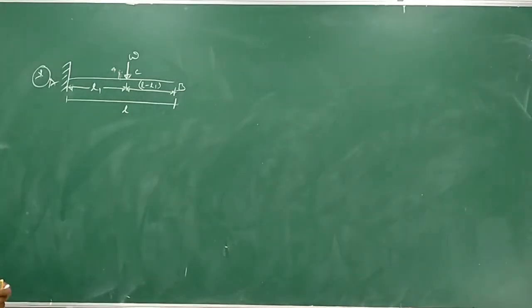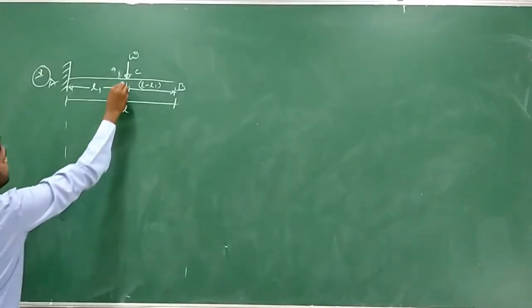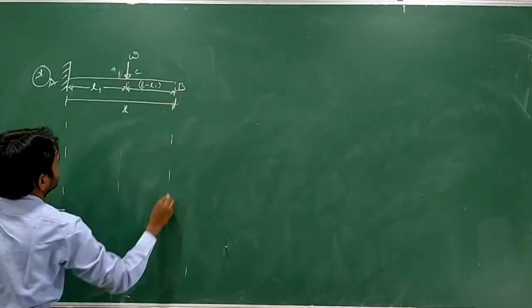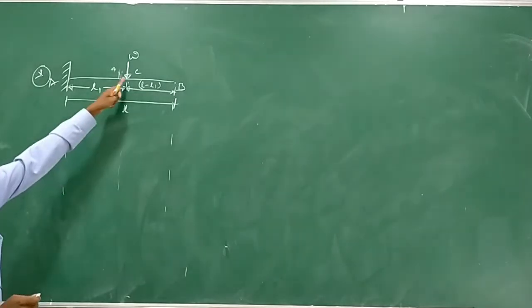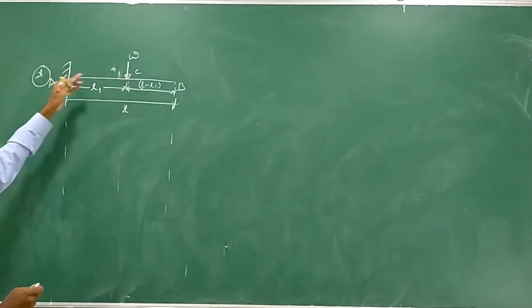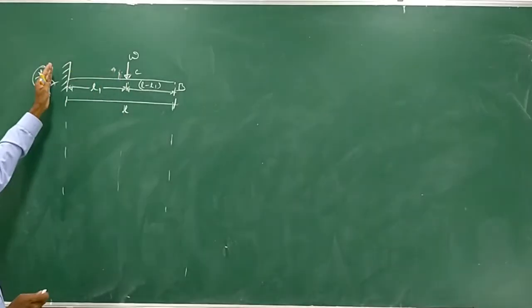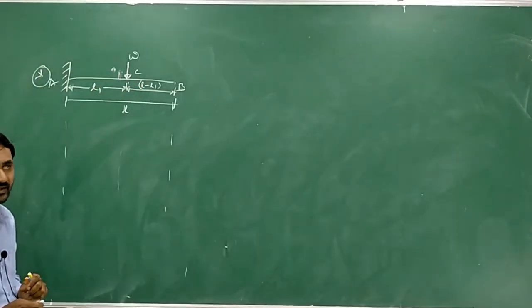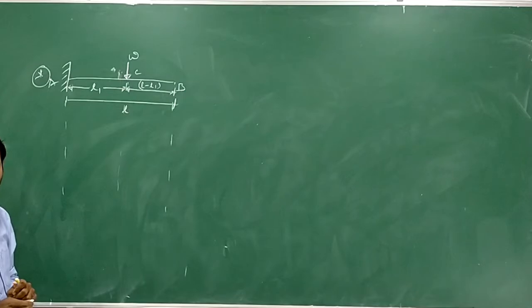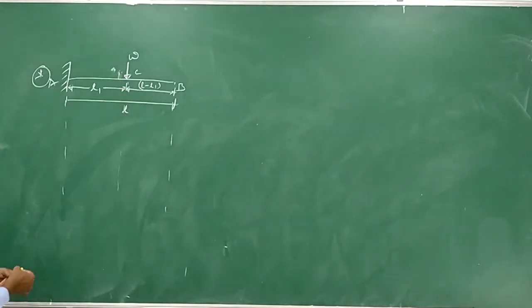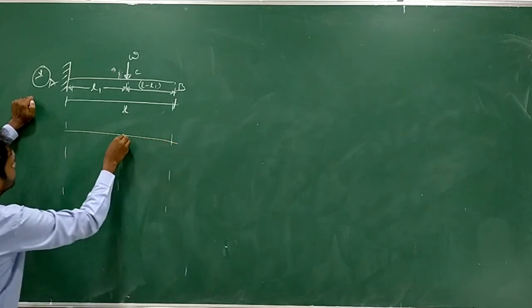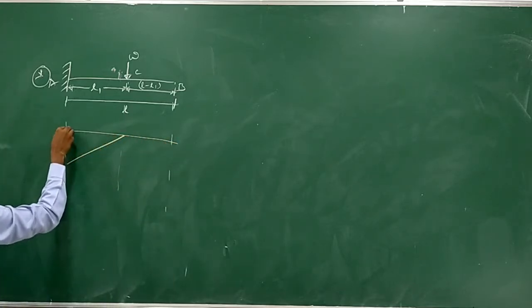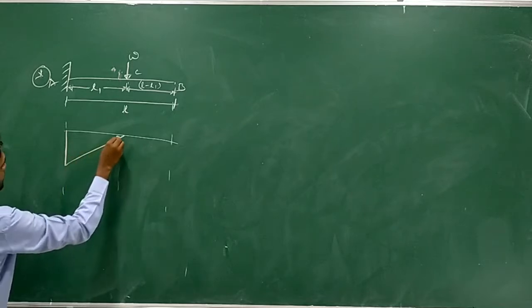Now I have to draw the bending moment diagram for this. The load is acting at this point, so moment will be generated from here to here. From C to B there is no load, so there is no moment there. Now I am drawing the bending moment diagram.